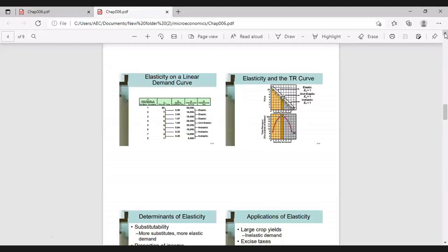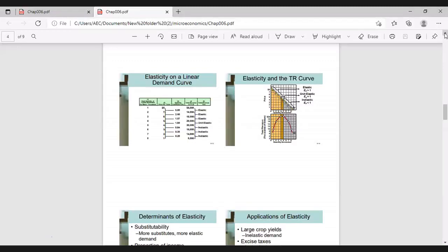So at the higher price, the percentage change in the price is low and the percentage change in the quantity is high, because of the denominator. In the coefficient equation, percentage change in quantity is divided by percentage change in price.